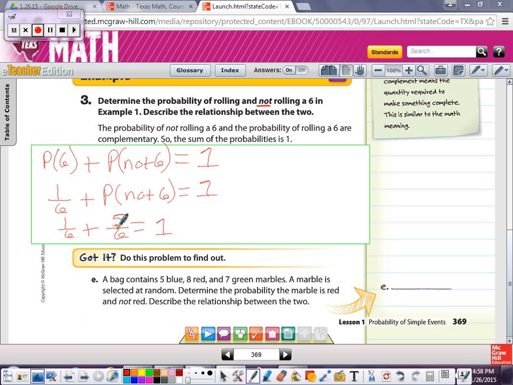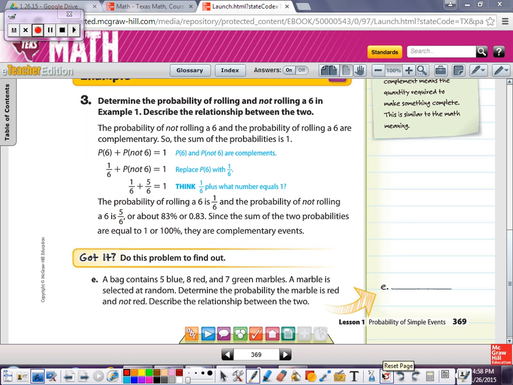So let me get rid of it here so we can read this together. So the probability of rolling a 6 is 1/6, and the probability of not rolling a 6 is 5/6, or about 83%, or 83 hundredths. Since the sum of the two probabilities is equal to 1 or 100%, they are complementary events. So when we rolled the probability of 6, we had a 17% chance.